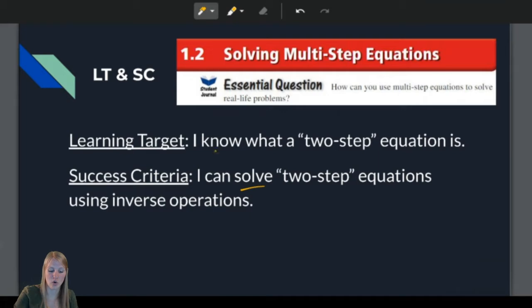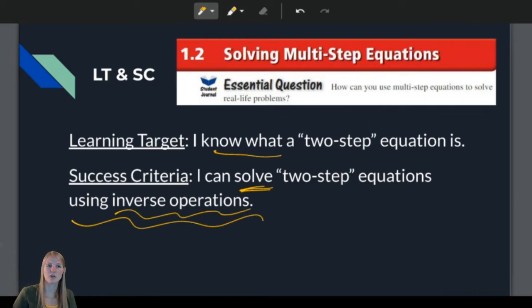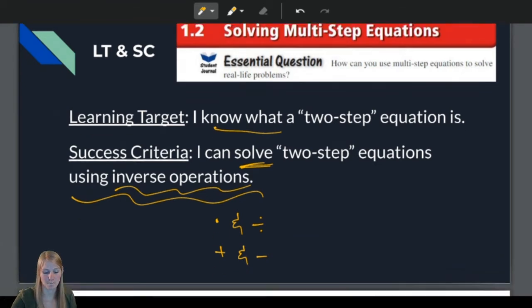So you need to know what a two-step equation is, and you need to be able to solve them using inverse operations. There's that word from yesterday, inverse operations. Remember, inverse operations are ones that undo each other. So multiplication and division, or adding and subtracting. There are others that you will learn throughout the algebra course.